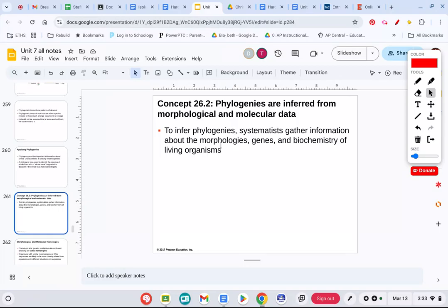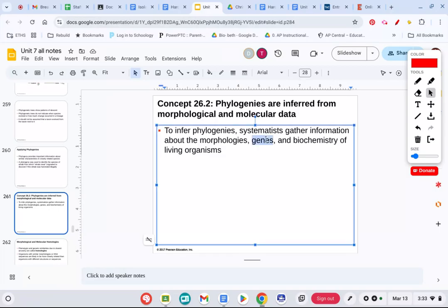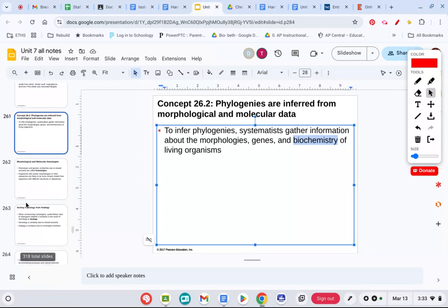And there's a whole bunch of things that we can use. We can look at their DNA. We can look at the genes and what proteins they produce. We can look at structure, as well as the biochemistry, and that biochemistry would be like what types of proteins do those genes produce, and then therefore what do those proteins do. So that's the biochemistry part.